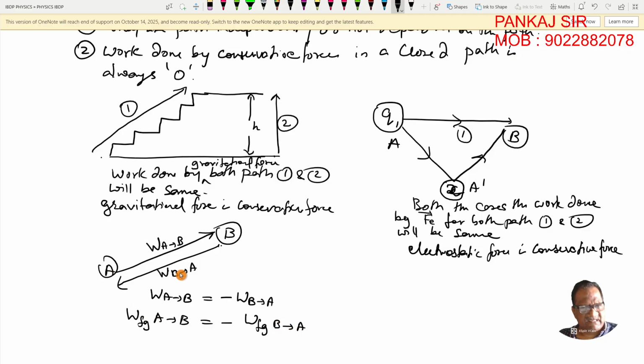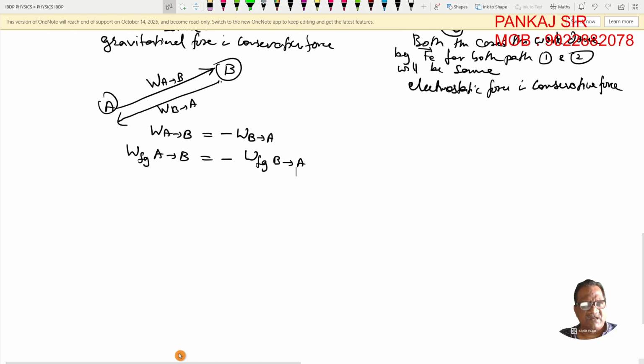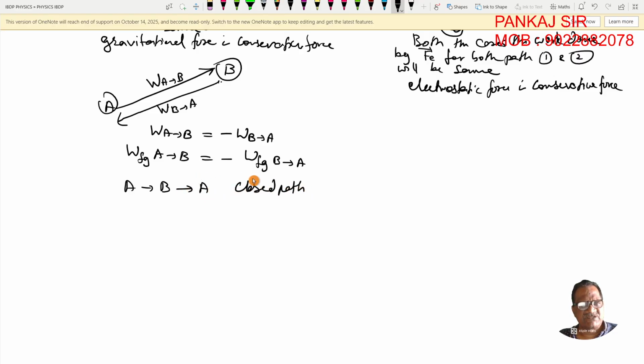So if you ask what should be the total work done in going from A to B and back from B to A, this is known as a closed path, or you can say the return journey. If somebody is going from A to B and coming back from B to A along the same path or a different path also, because it is path independent, then the total work done by the gravitational force along the closed path will always be 0.